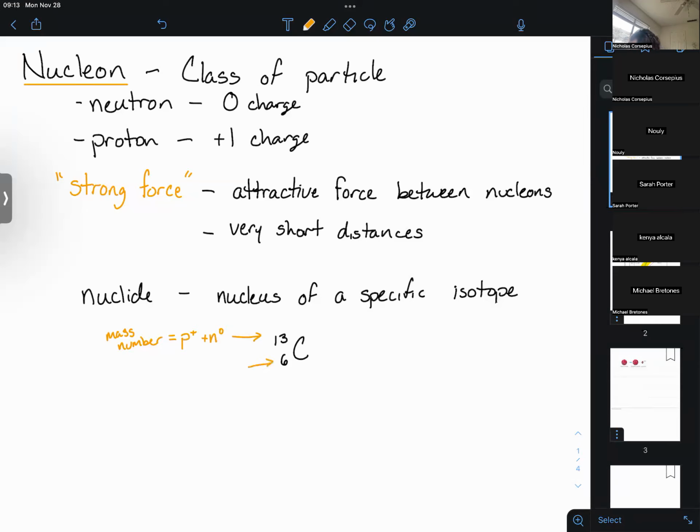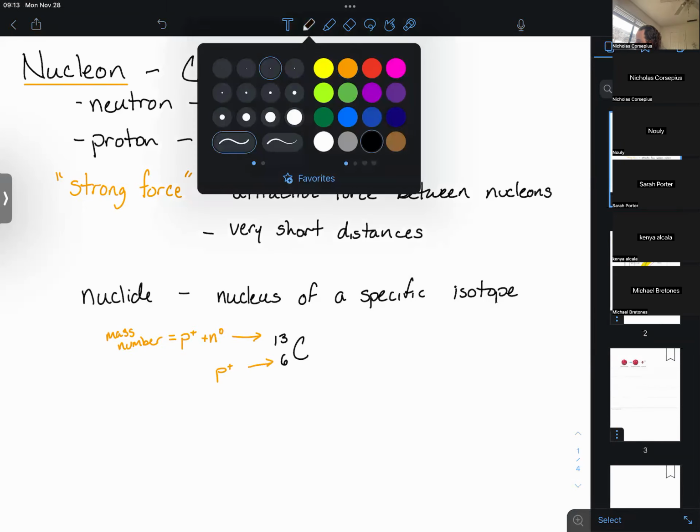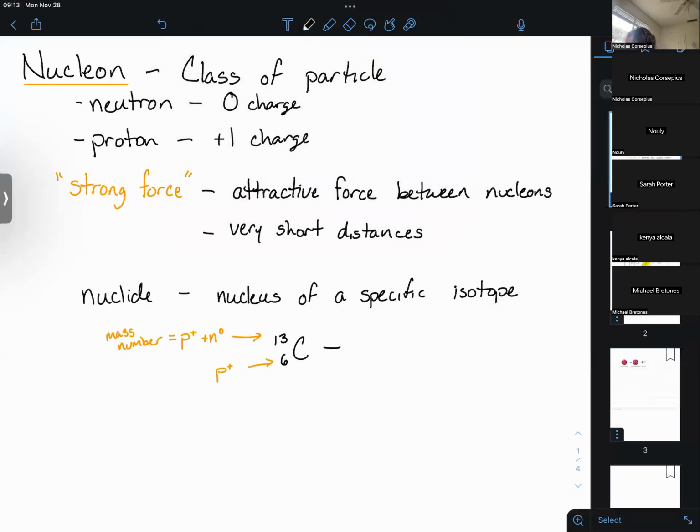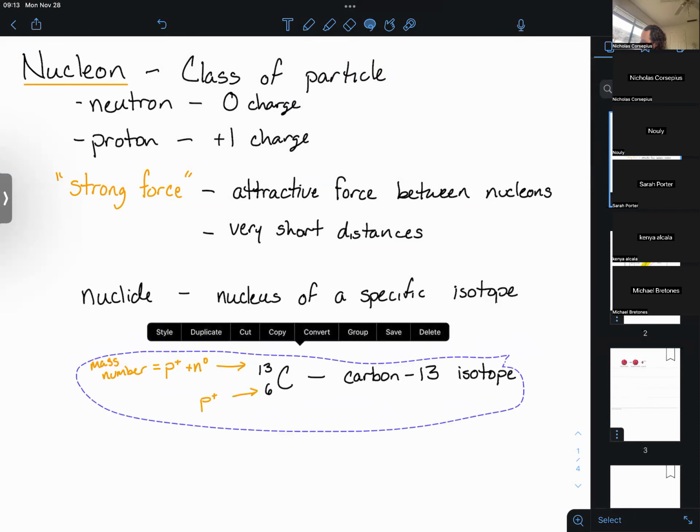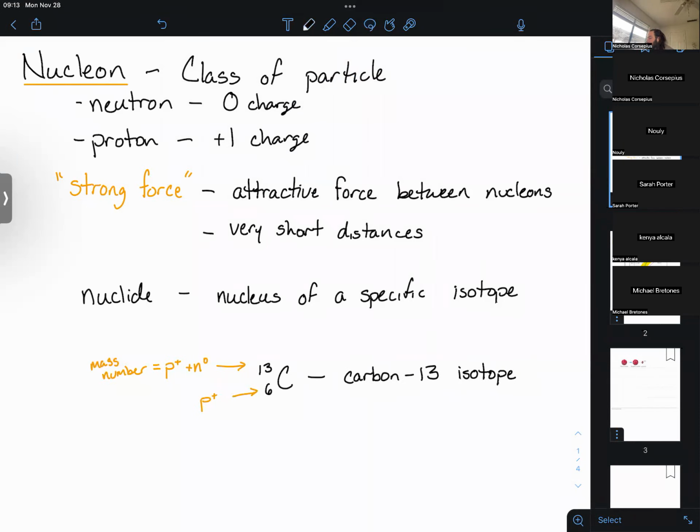And down at the bottom here, you just have the atomic number, the number of protons. All right, this symbol right here would represent what we would call the carbon 13 isotope. Right, so when we're naming a specific isotope, we do the name of the element, dash, mass number, right?